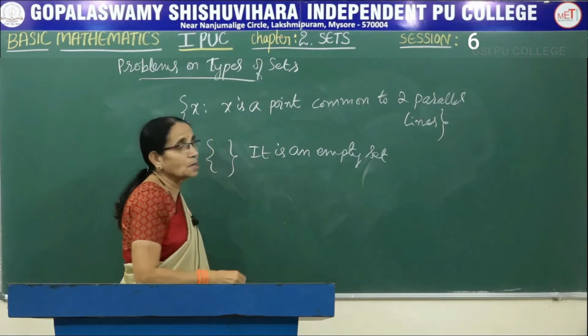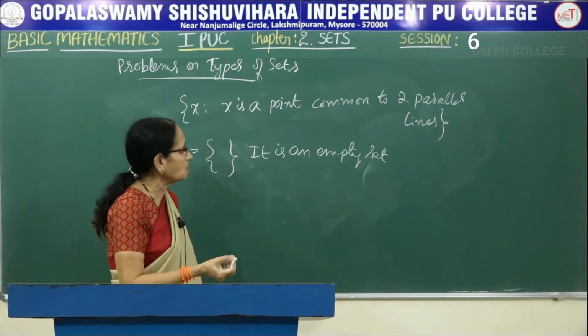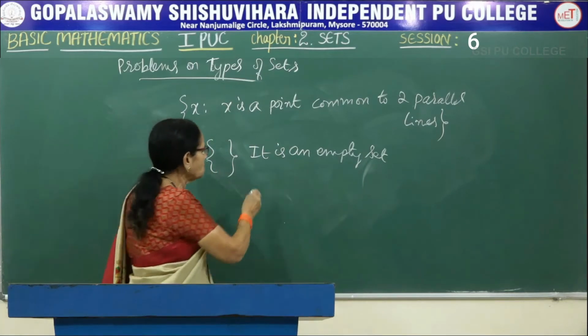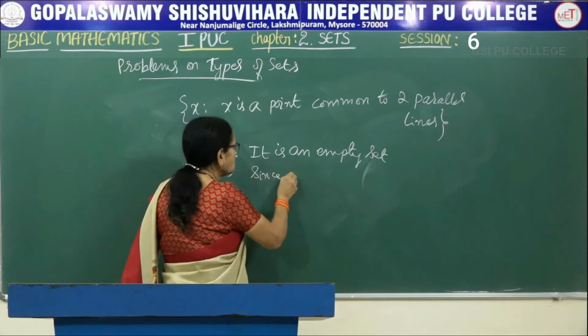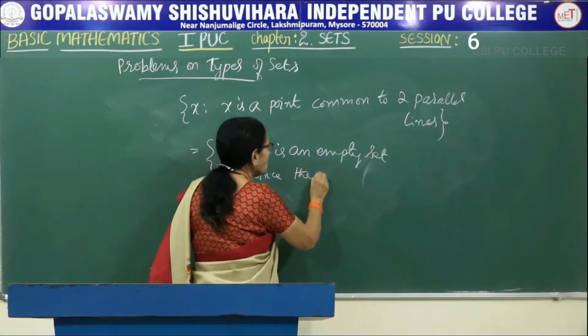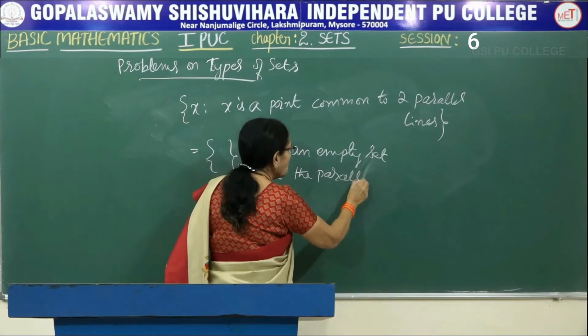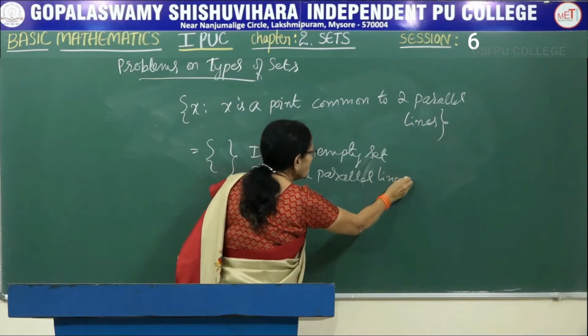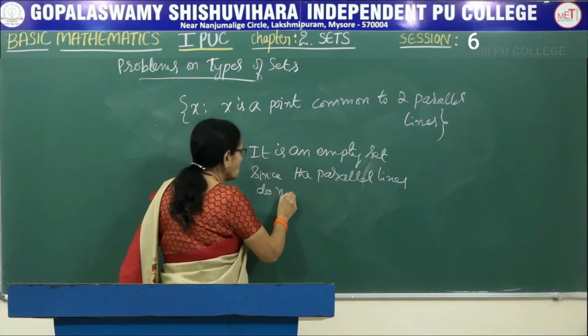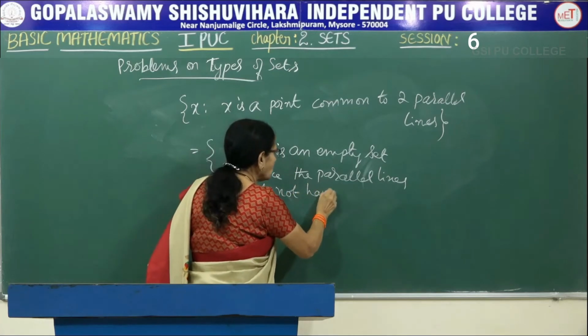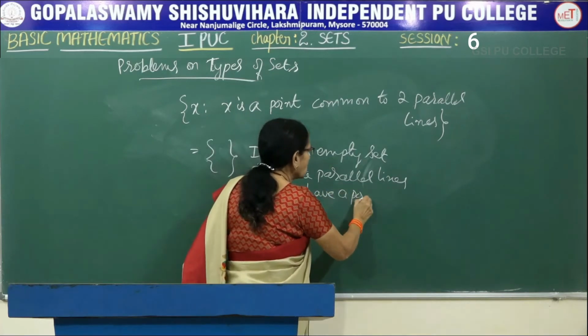But you have to give the reason why it is an empty set or a null set. Since the parallel lines do not have a point in common.